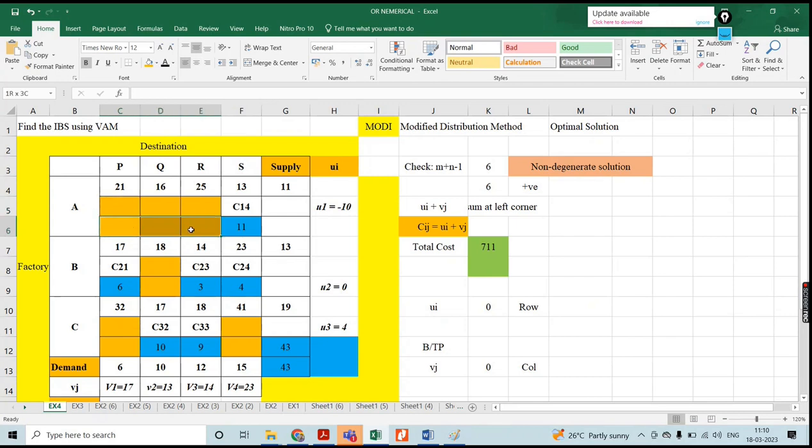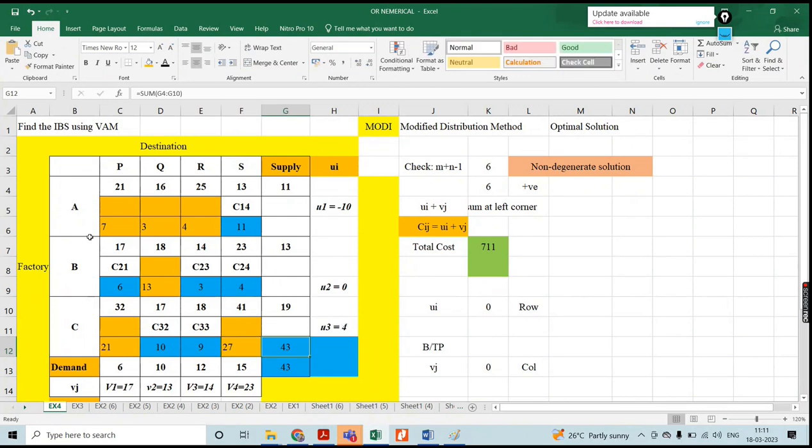Then this is 3. Then this is 4, why? 14 minus 10. Then 13 plus 0, 13. Then here 17 plus 4, it is 21. Then in this case 23 plus 4, it is 27.